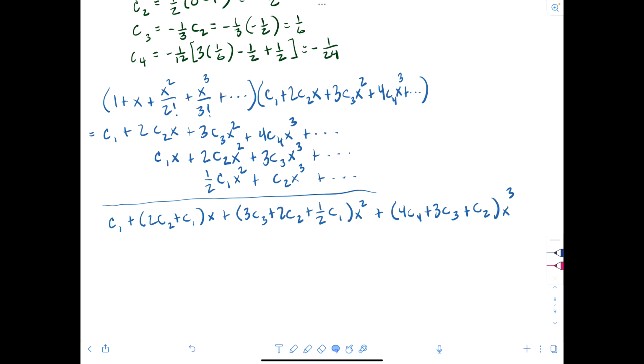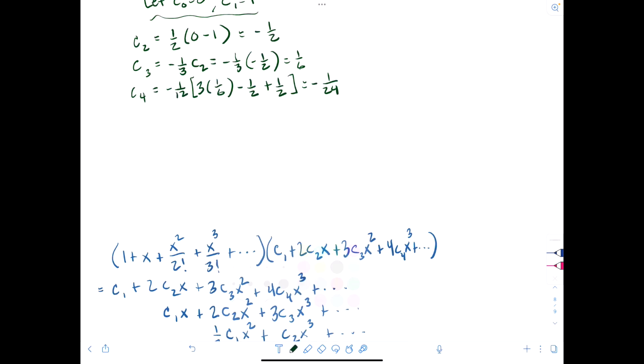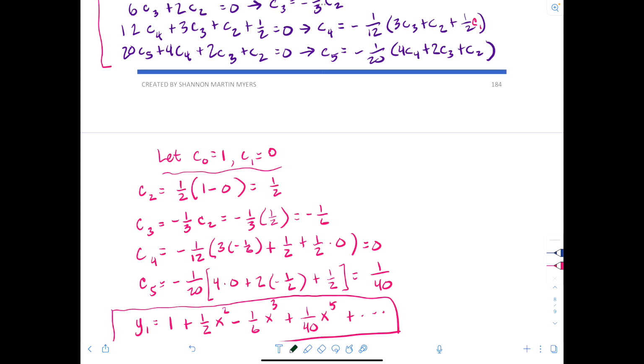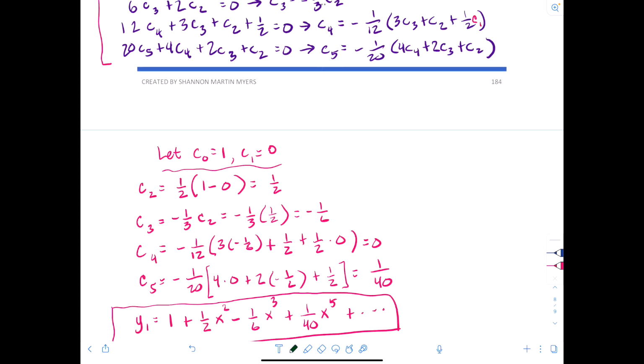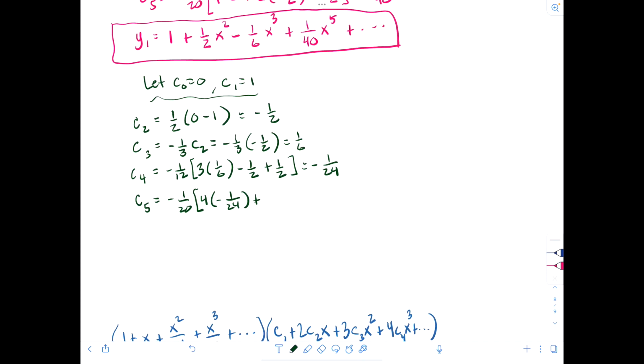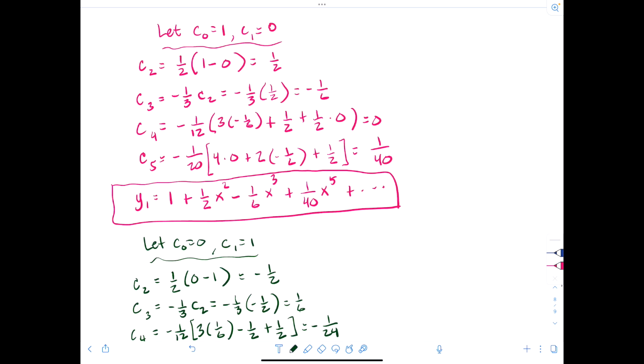All right, and then C5 will be equal to -1/20 times 4C4, so 4 times -1/24, plus 2C3, and then plus C2.